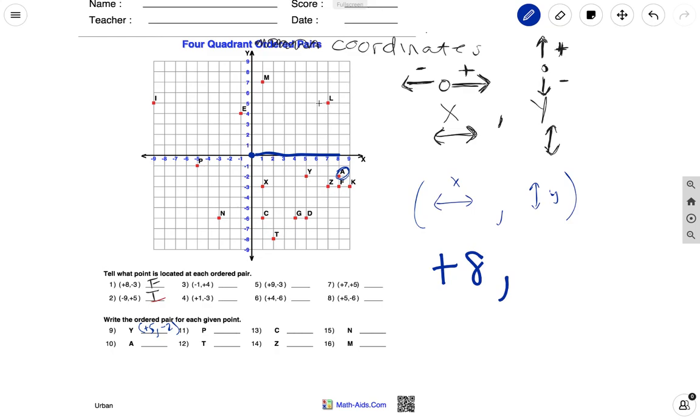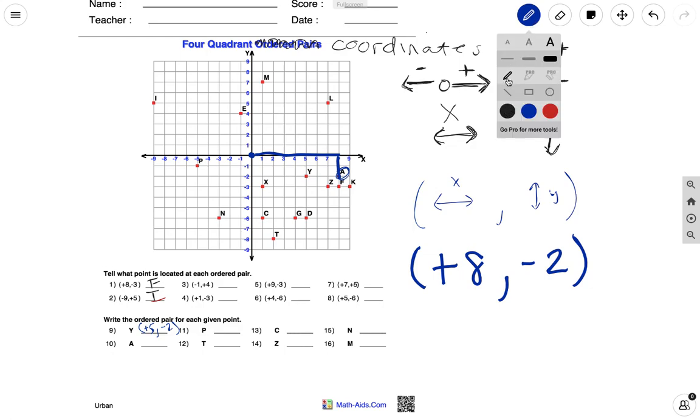No, because A is not up here. A is down here. So we have to go down 1, 2 spots. So we have to go down, minus 2. So my answer for 10 is plus 8, comma, negative 2.